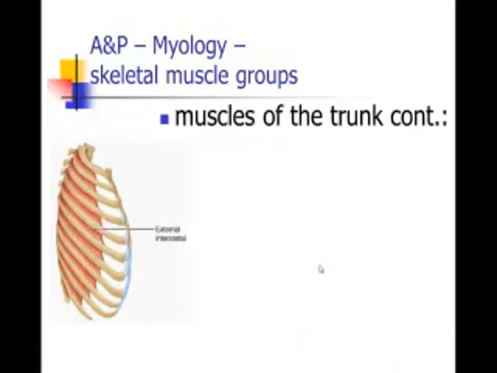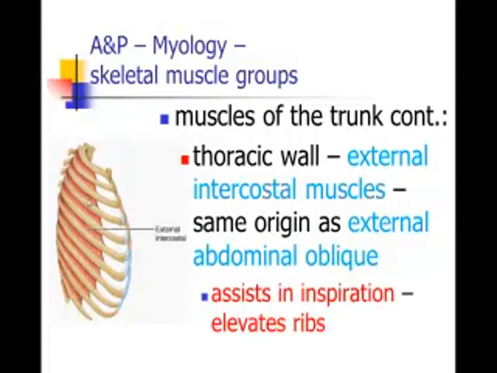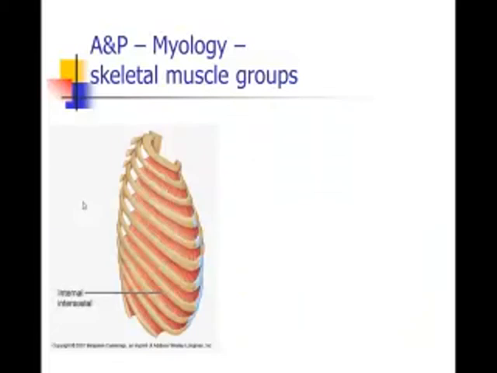Here we're looking at the external intercostal muscle, and you'll notice that the muscle moves obliquely between the ribs, and so when these muscles contract, they elevate the ribs, and when you elevate the ribs, you inspire. And they have the same origin as the external abdominal oblique, which we'll see in the abdominal region. Okay, so it elevates the ribs and helps you inspire.